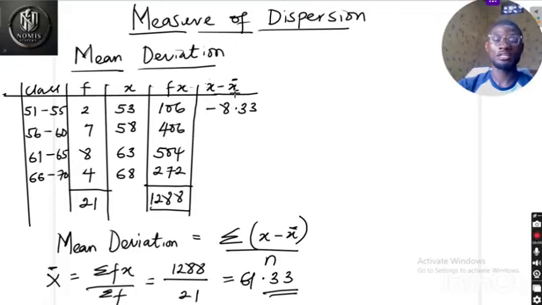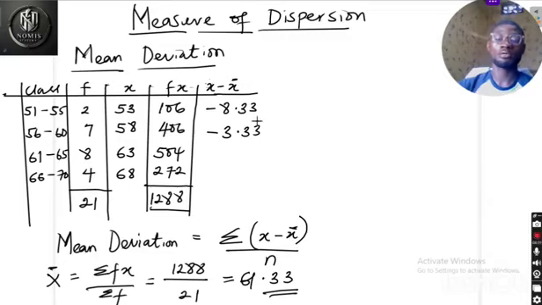Then the next one is 58. 58 minus 61.33, so that is minus 3.33. And the next is 63. So 63 minus 61.33.